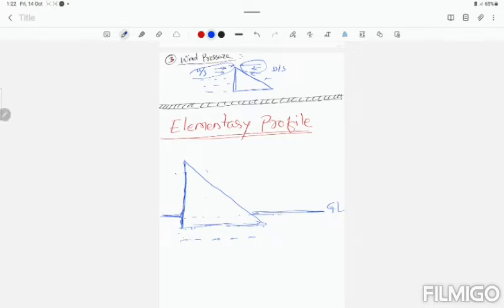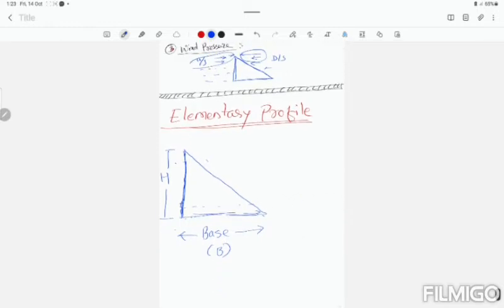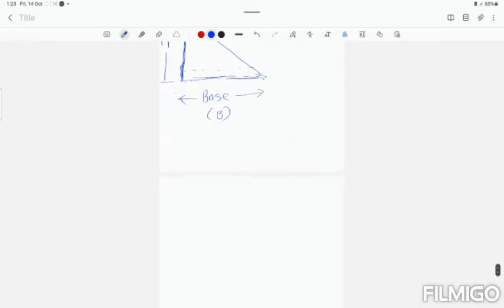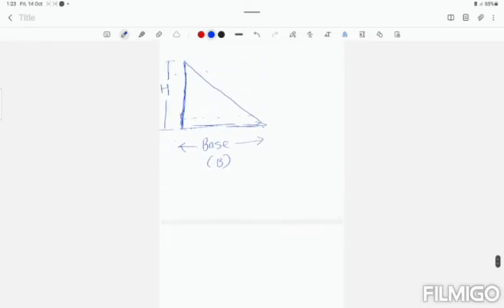If we consider any dam section, this is the base of the dam, and this is the height of the dam. We will consider the height h and the base b. If we consider this, then we are considering three forces, horizontal forces and vertical forces also.